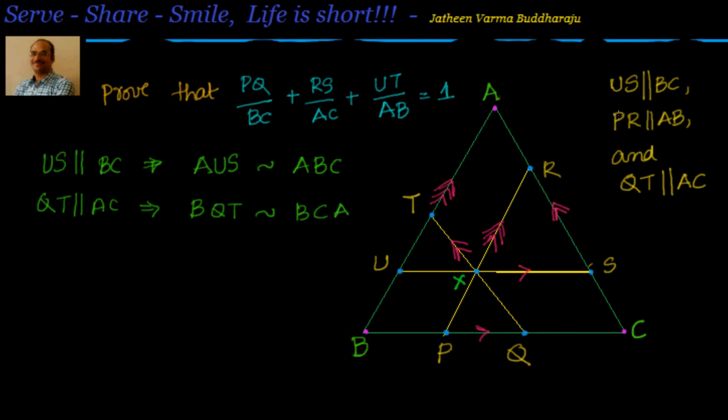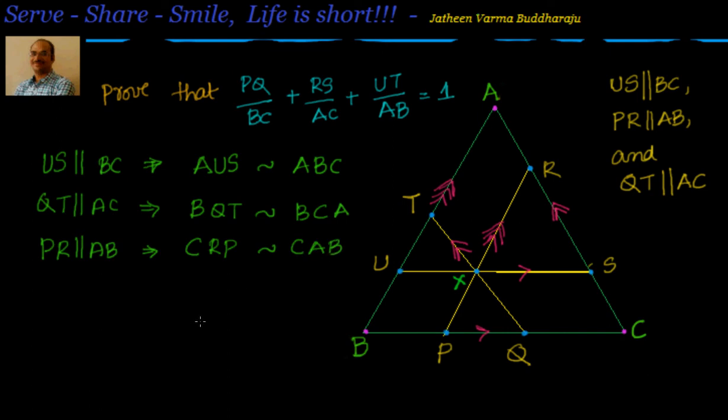Similarly, if I take PR parallel to AB, PR parallel to AB, so starting from PR parallel to AB, I have CRP similar to CAB. How did we get this?